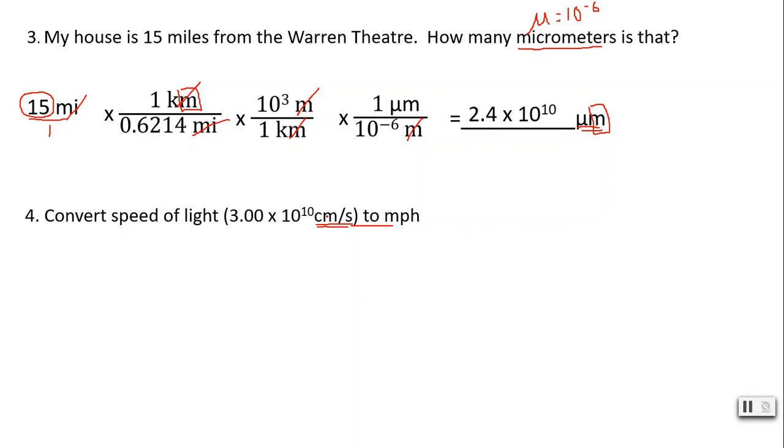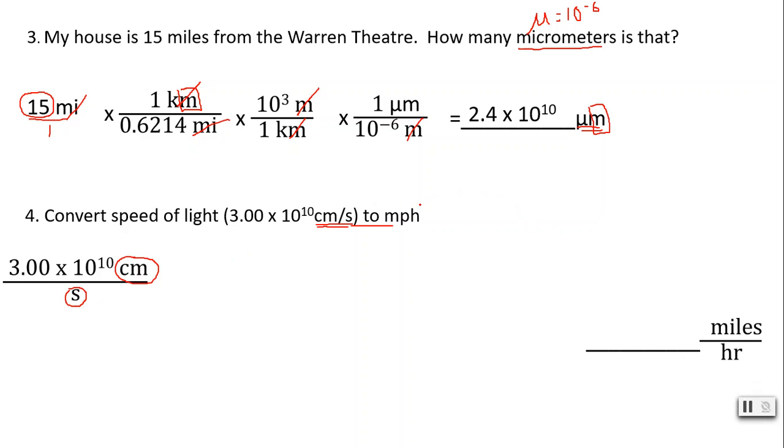As you can see, I typed it so that the centimeters and the seconds are kind of on the same line. When you have a unit that is in the numerator, in the top, and in the denominator, or the bottom, for a measurement, be very clear as to what unit is in the numerator and what unit is in the denominator. Writing the problem this way is okay, but I like writing it this way so you can clearly see that centimeters is in the numerator and seconds is in the denominator.